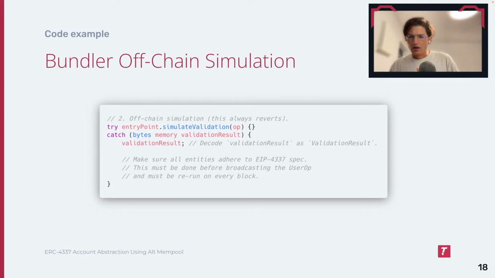Okay, subscription payments with value. So I believe the restriction only applies to the verification phase. So if there was some kind of subscription payment, that restriction shouldn't be applied to the execution phase. Yeah, I hope that answers the question.